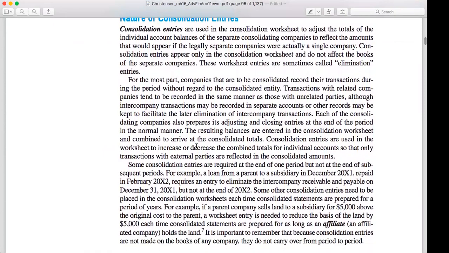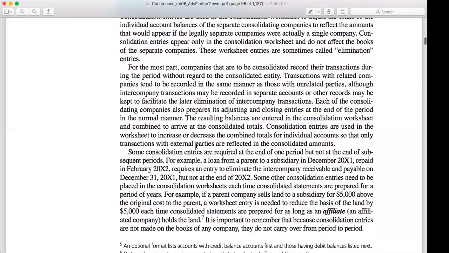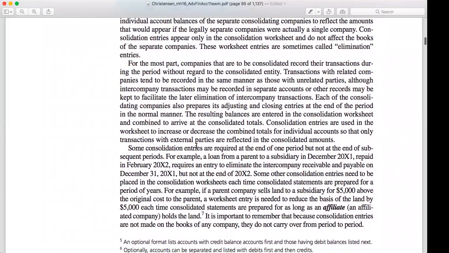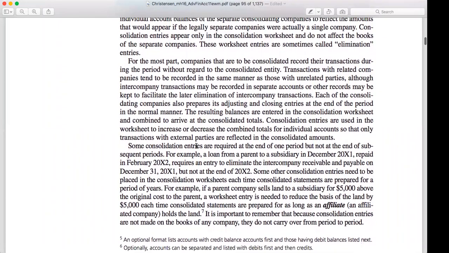All right, so companies that are to be consolidated record the transactions during the period without regard to consolidation, right? So the transactions with related companies are sometimes recorded with unrelated parties. Although an intercompany transaction will be recorded in a separate account, or other records may be kept, to facilitate elimination. So we're going to see the example after this, all right?